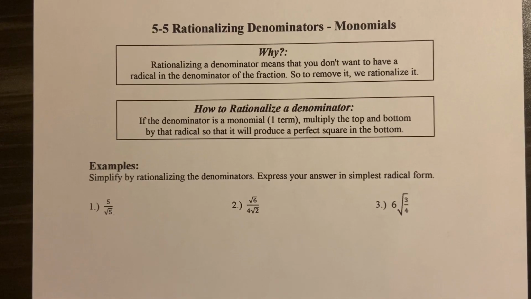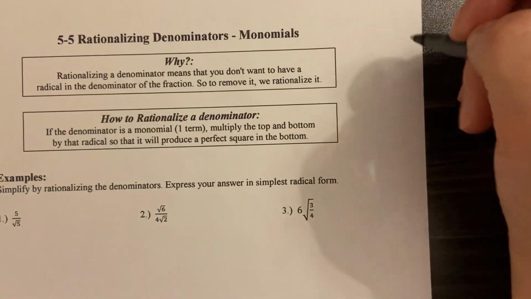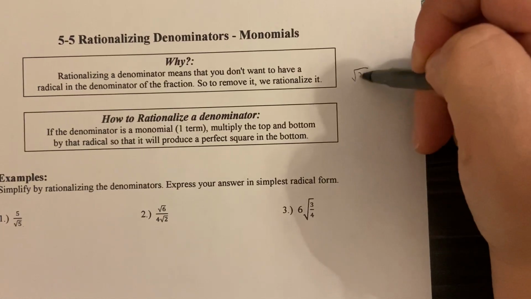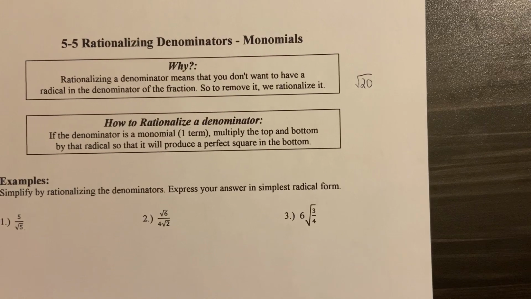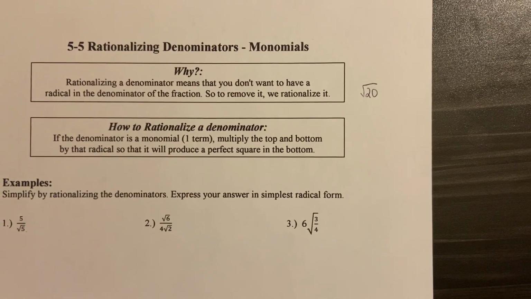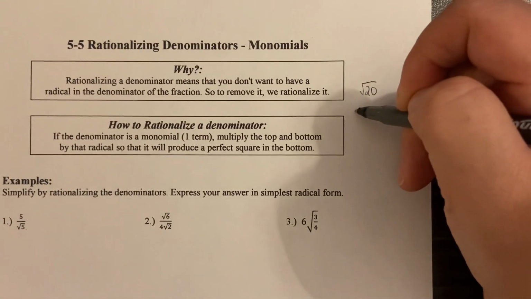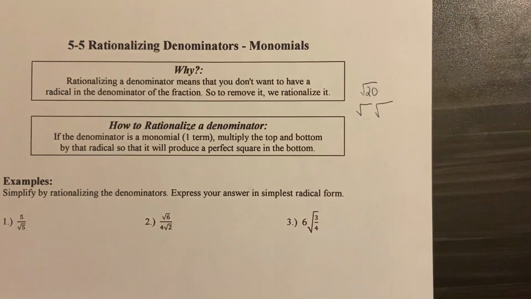all of these, the next 2 days of lessons, require you to simplify in simplest radical form. So as a really quick review, if I gave you, say, square root of 20 and you had to simplify that, if you forgot how to do that from last year in geometry, you break it up into two radicals.